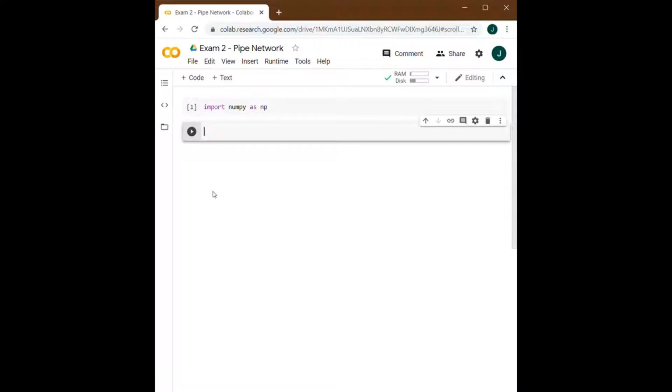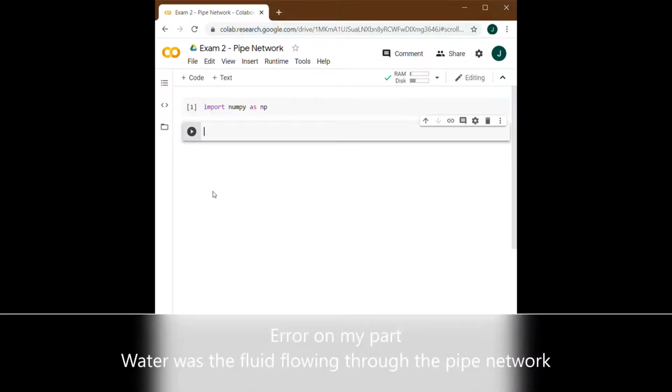When we're calculating head drop, we need to know something called a friction factor. For this friction factor, we're going to use what's called a Churchill function. So we're going to define F, friction factor, Churchill, and the two variables we need for this function are our Reynolds number and the internal roughness of the pipe.